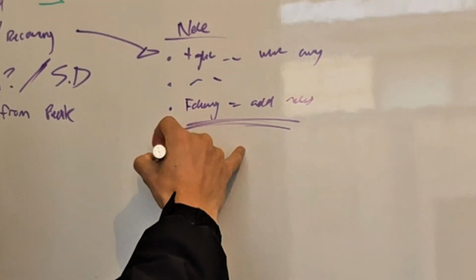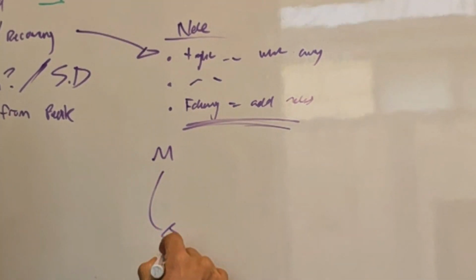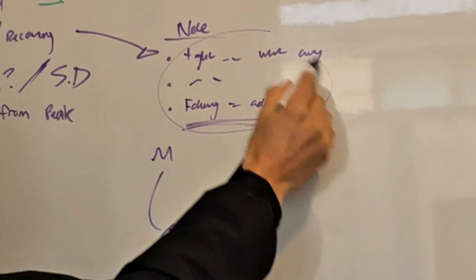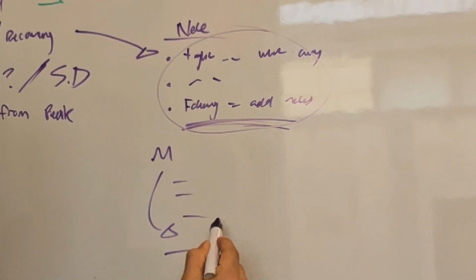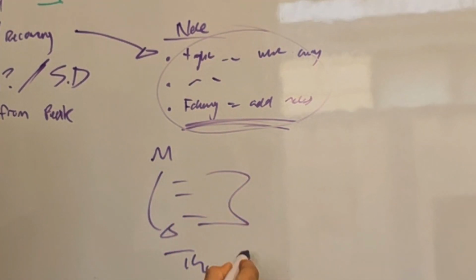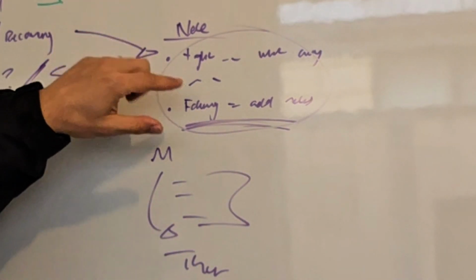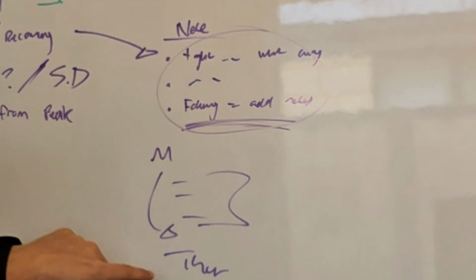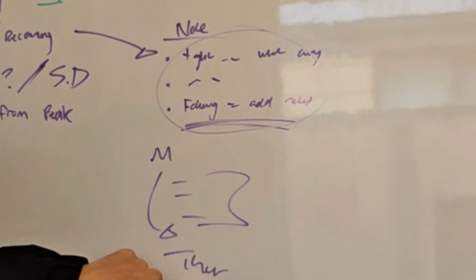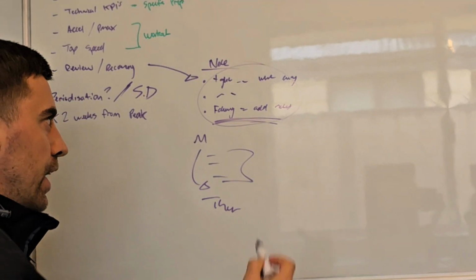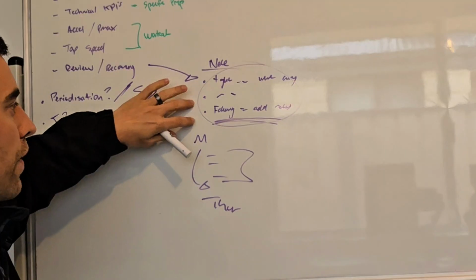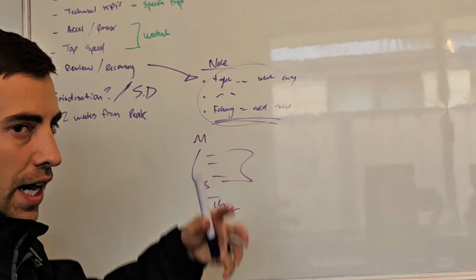Say if it was a Monday and I trained and I expect to be back in here on a Thursday, it is my responsibility to take this information and apply it in this gap to ensure that if there was something like tightness here, or whatever the issue was, I want that to be gone by the time I'm into this next session, or at least improved. And so this is my means of keeping yourself healthy and keeping yourself in the best possible shape to keep performing at a high level.